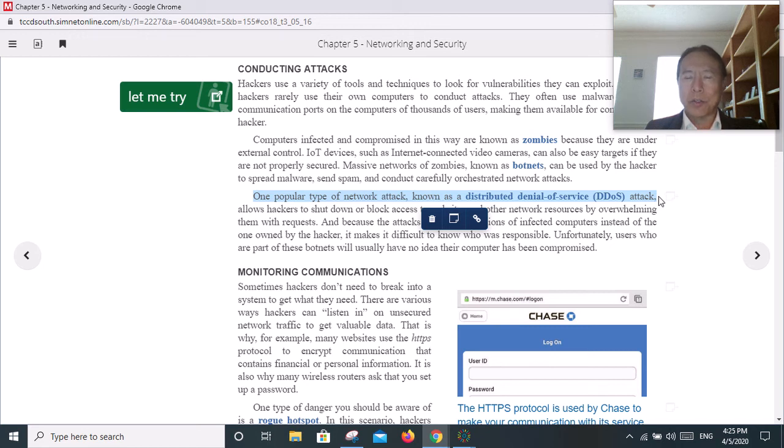For that, I suggest the year 2000 February DDoS attack. That's one very famous, very significant incident of a hacker attack. So when people ask you, what is a hacker attack?